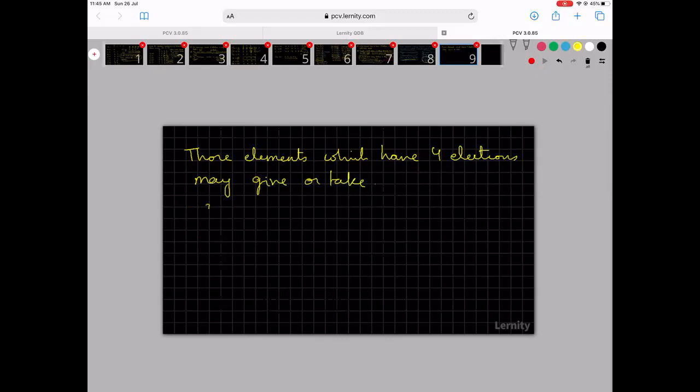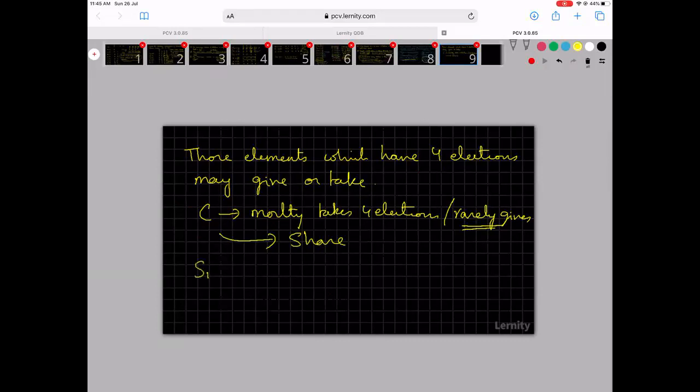Carbon mostly takes 4 electrons. Rarely gives. But instead of giving, they will share. They will share electrons.